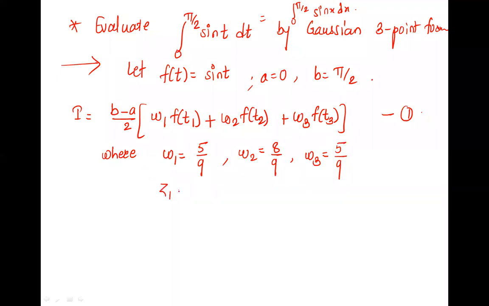What is Z1? Minus root 3 by 5. Z2 is 0. Z3 is root 3 by 5. Are the values correct? All of them? W1, W2, W3, Z1, Z2, Z3.